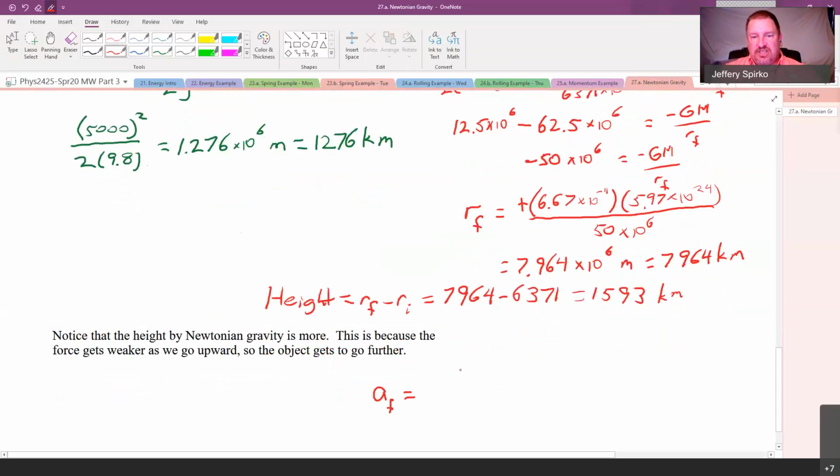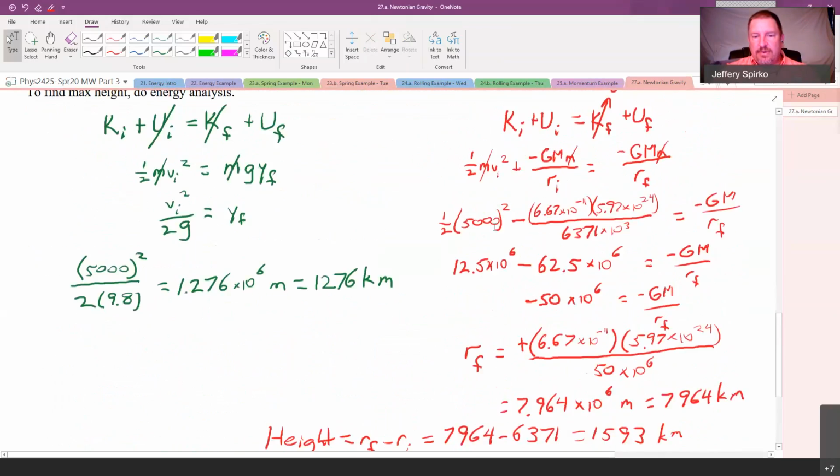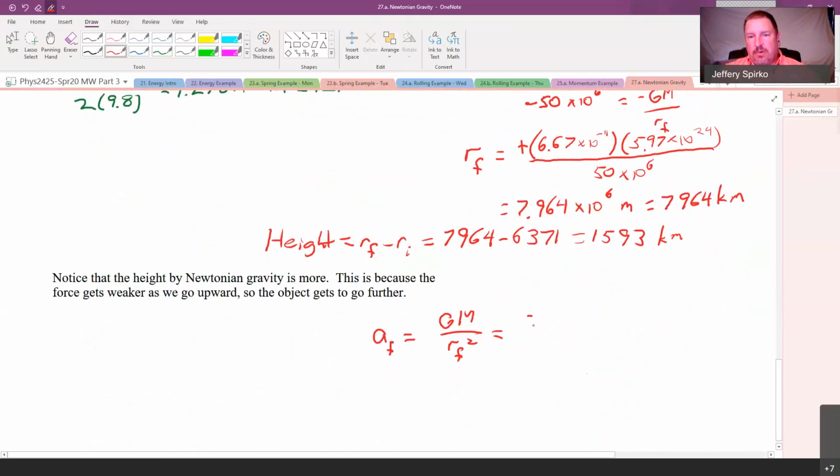That is GM over R final squared. That's everything in the force of gravity formula except for the little m. So GM over 7.964 times 10 to the 6th. Hey, I still have that number in my calculator.